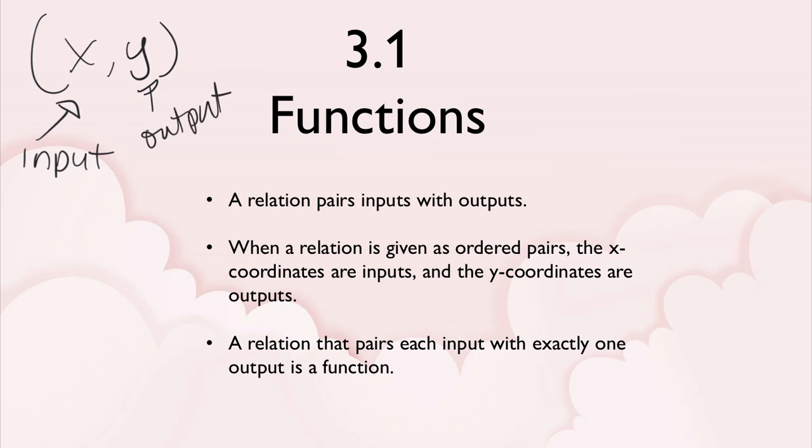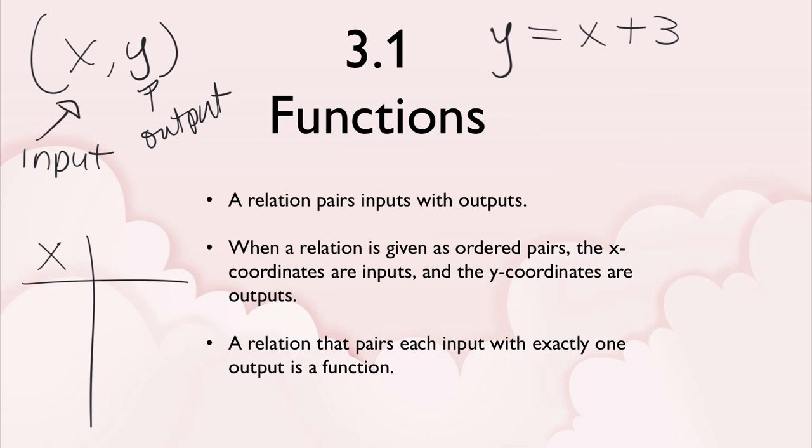So say, for example, I have y equals x plus 3, correct? And then I tell you that my x values are 0, 1, and 2. I need to find my output. So what does that mean?